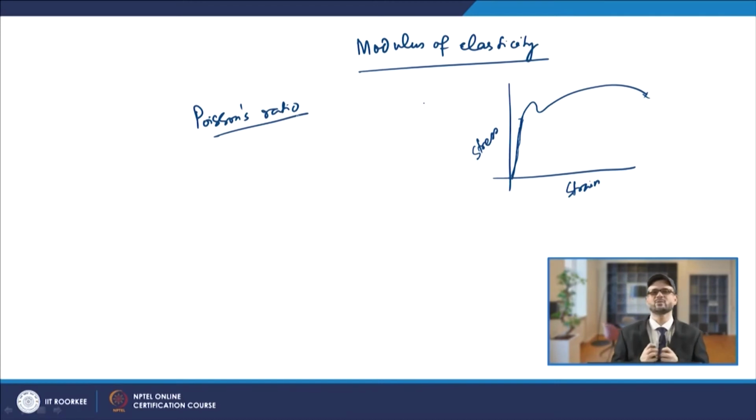When you are straining the material, you will have a change in length, and there will be strain in the lateral direction also, which will be negative. So, the Poisson's ratio is defined as minus of lateral strain to longitudinal strain.